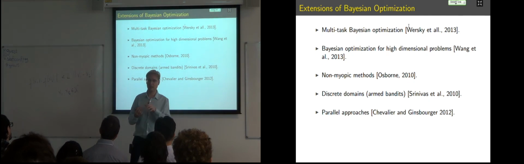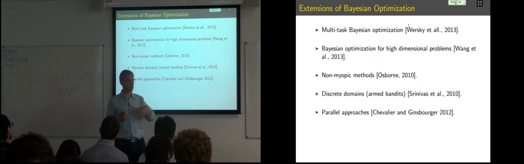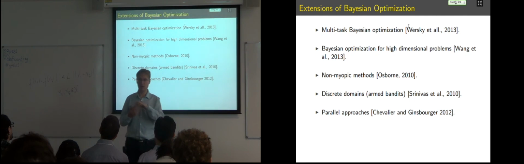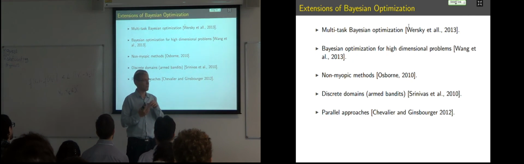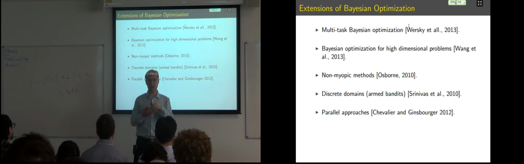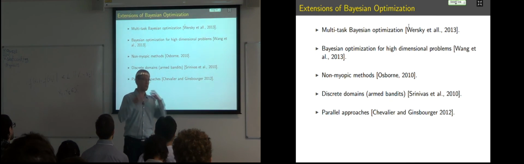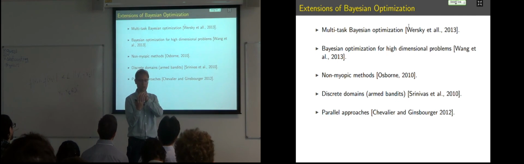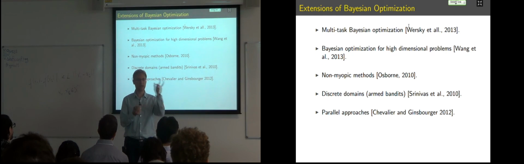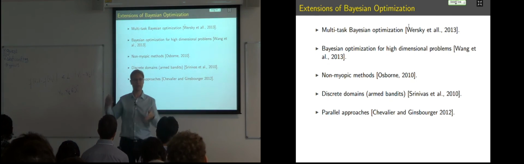Or if the cost of evaluating my F is defined in terms of the time I need to get my answer, this time may change when I evaluate the function at different points of the domain. I can think about having something distributed, so that I can maybe get the answer from my query to the function at one point before I get the answer at the other, so I need to replace that evaluation by another, etc.